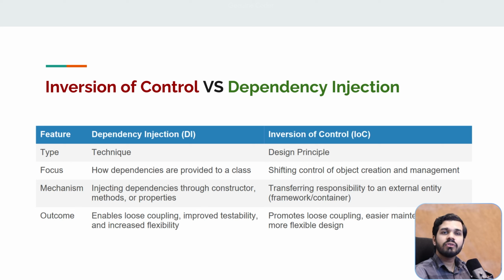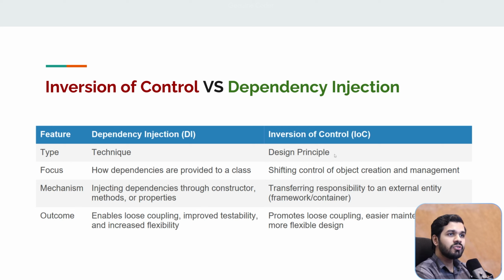Inversion of control is a design principle, and dependency injection is the technique. One is a concept, and the second one is the technique or the implementation itself, right?